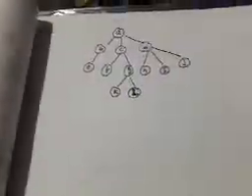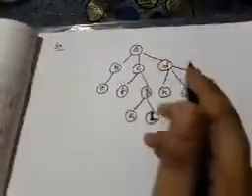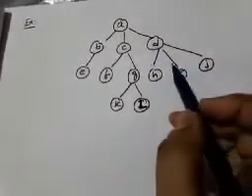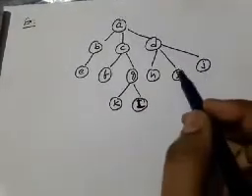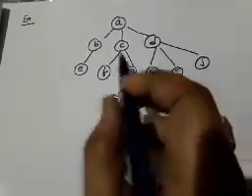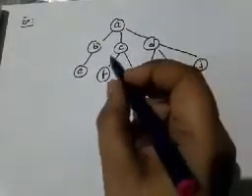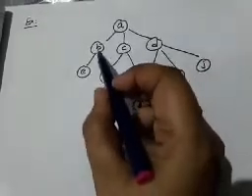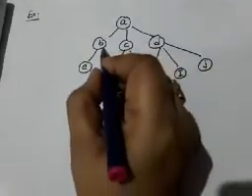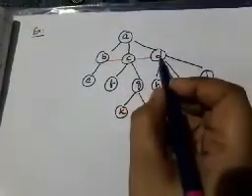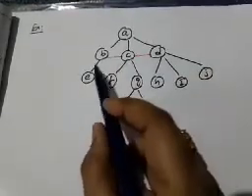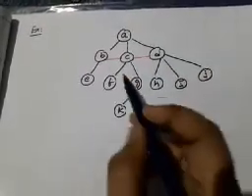Let's try to understand these 3 steps using an example. Let us take an example of a general tree over here. Now I want to convert this general tree into a binary tree. Step 1 says we need to add edges between all the siblings. Here B, C and D are siblings. So you now add edges between B, C and D. Now here B has only one child, so no issue.